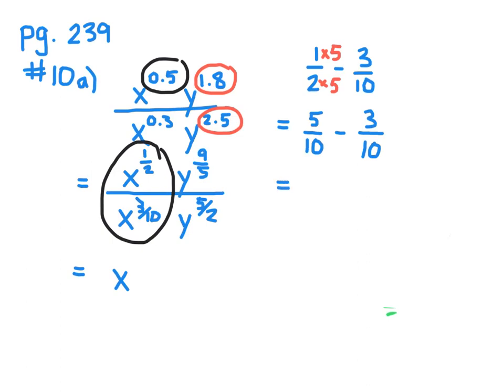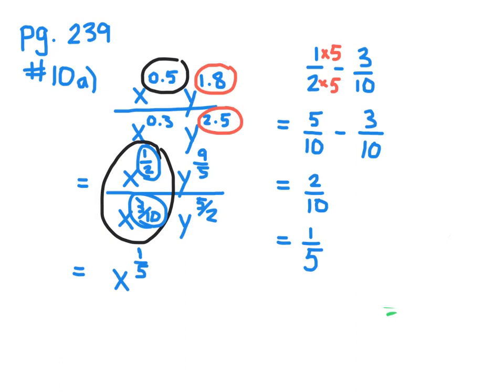And so now you could do 5/10 minus 3/10, and that is the same as 2/10. And you could reduce 2/10 to be a fifth. So this x to the power of a half divided by x to the power of 3/10 is the same as x to the power of 1/5.